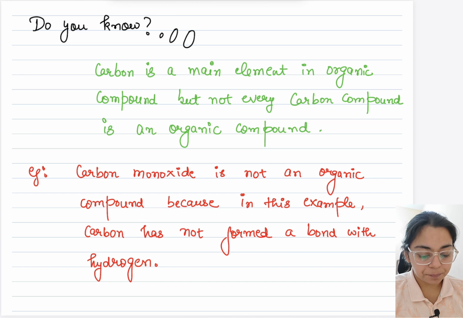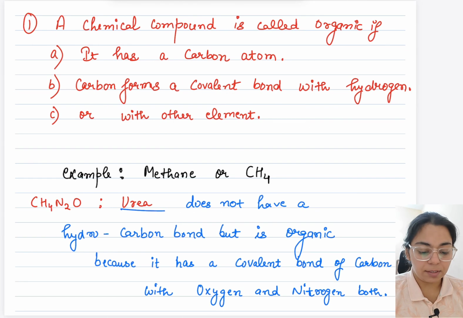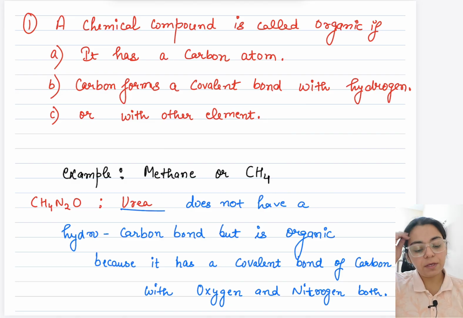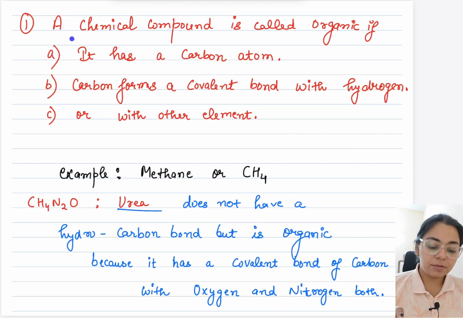An example is carbon monoxide, which is not an organic compound, because in this example, carbon has not formed a bond with hydrogen. Let us understand that. If we have to call a compound an organic compound, there are three fundamental things.